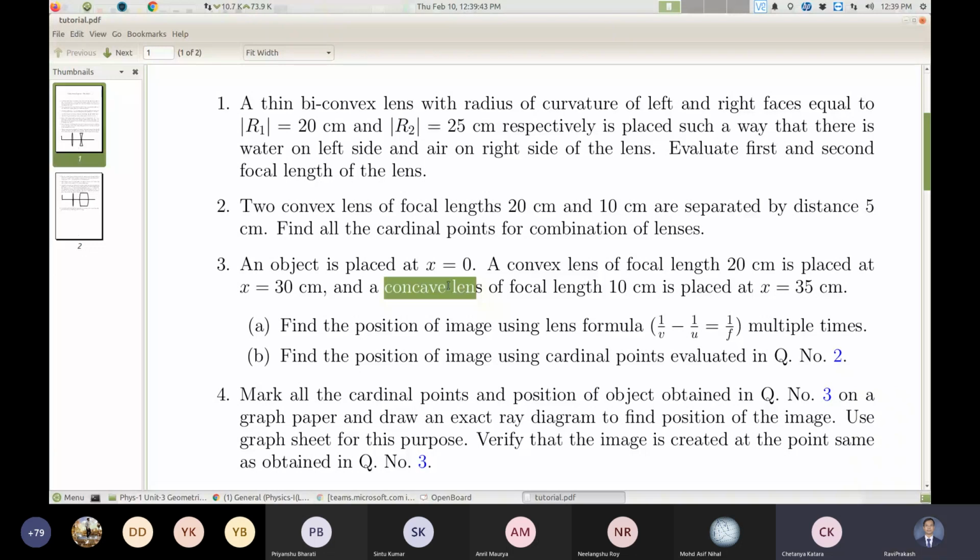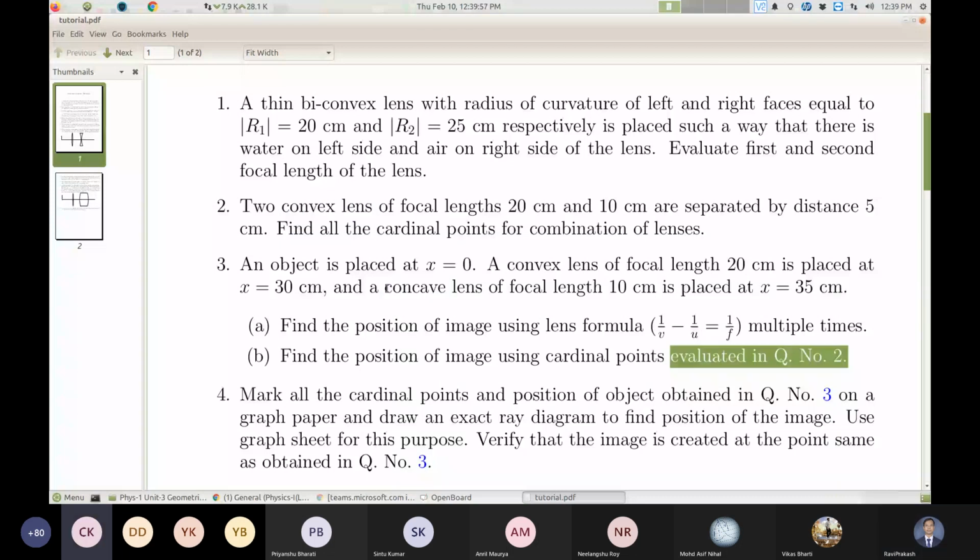I forgot that in this problem I'm using 2 convex lenses, but here I'm using 1 convex and 1 concave lens. So either you can ignore this part, or you can replace this concave part by convex. I think it's better that you replace concave by convex so that you can use the data obtained in the second problem as it is.